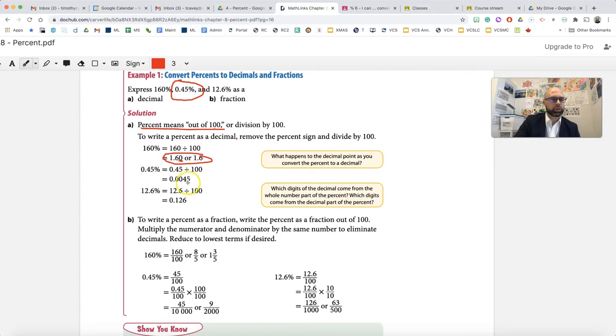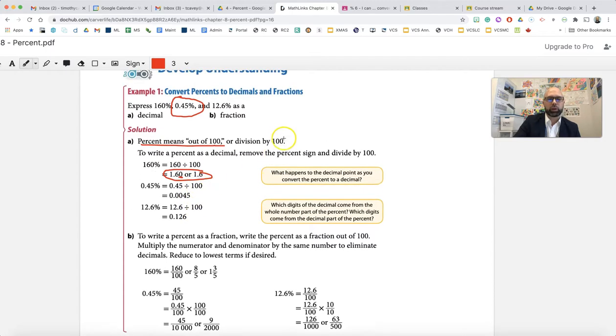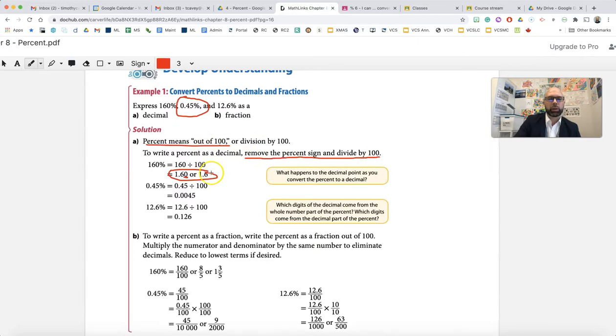For 0.45%, we're just moving the decimal over twice to the left to make it a decimal. In fact, that's what we're doing for all of these. They tell you to remove the percent sign and divide by 100, but what I recommend keeping in mind is that every time you divide by 100, all you're doing is moving the decimal 2 places to the left. So 12.6% becomes 0.126.